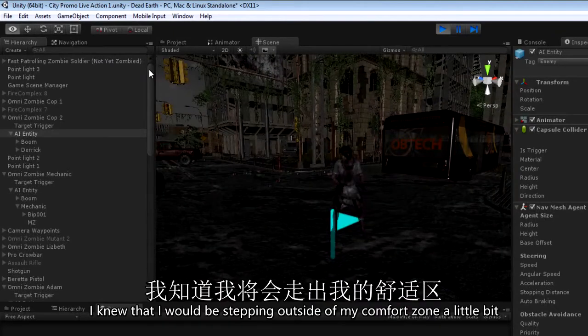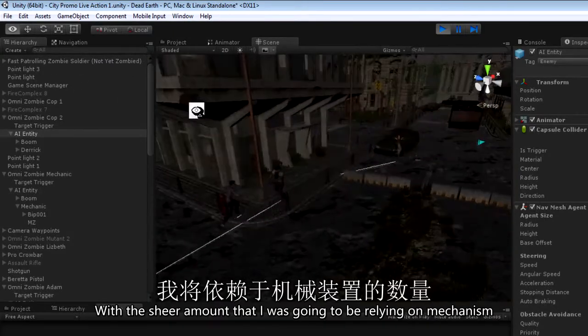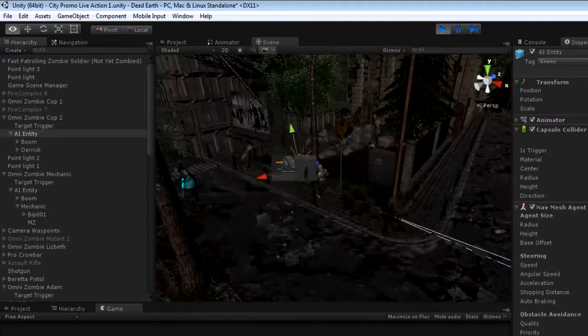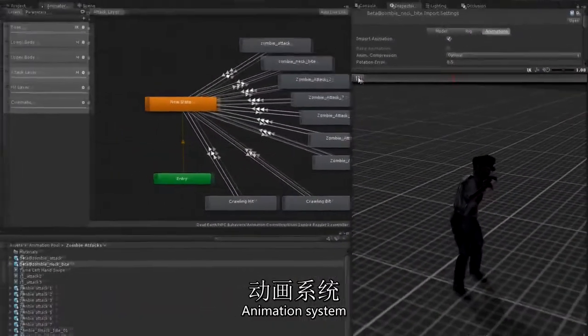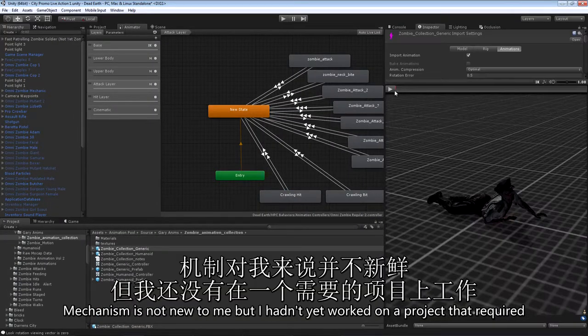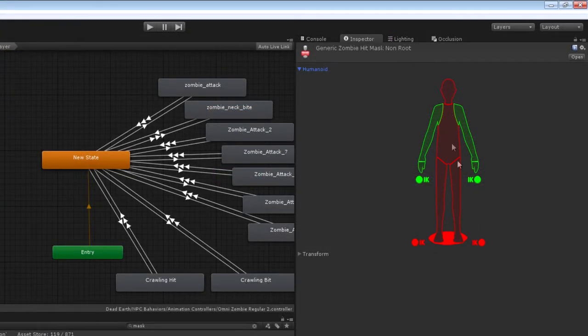Also, I knew that I would be stepping outside of my comfort zone a little bit with the sheer amount that I was going to be relying on Mechanim in this project. That's Unity's animation system. Mechanim is not new to me, but I hadn't yet worked on a project that required so much of its functionality.